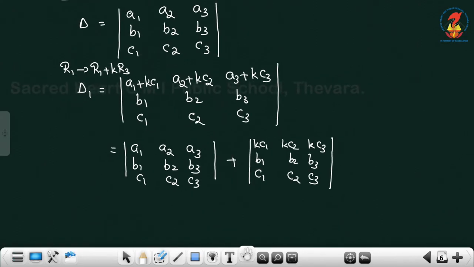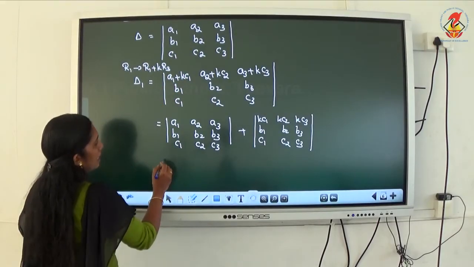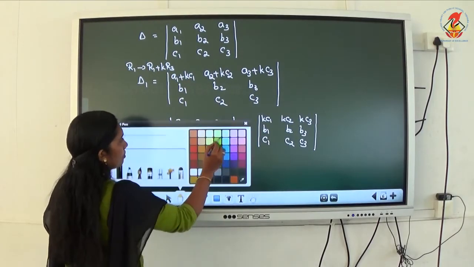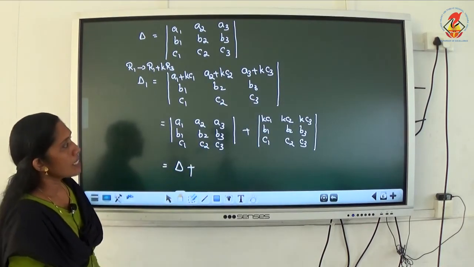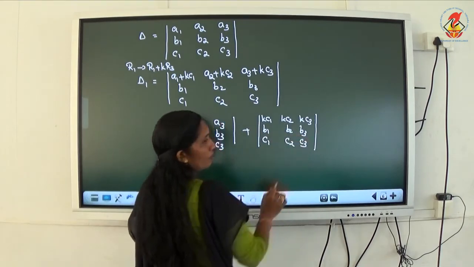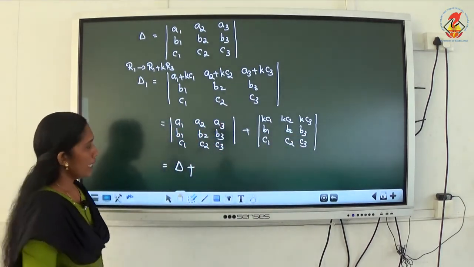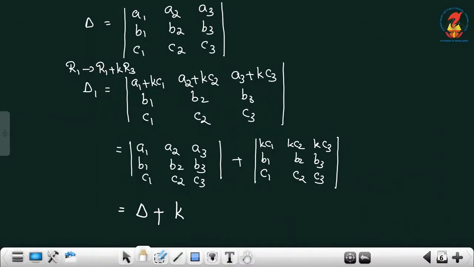Now the first determinant is the same as delta, plus the second one. K is common in the first row, so we can take it outside by property number 4.